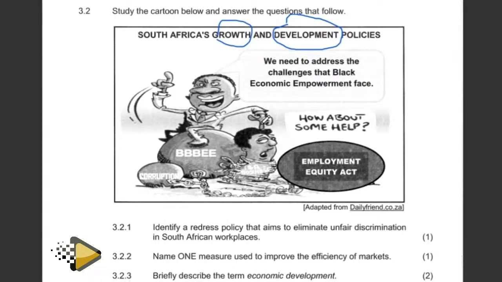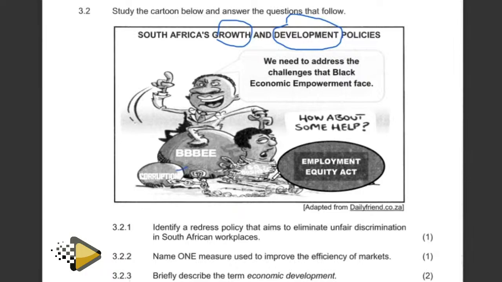So now, if we check the given cartoon, we have different messages given there, and we also have a symbol of a human being there. The messages given: we need to address the challenges that Black economic empowerment faces, and then we also have broad-based Black economic empowerment. We also have corruption there.